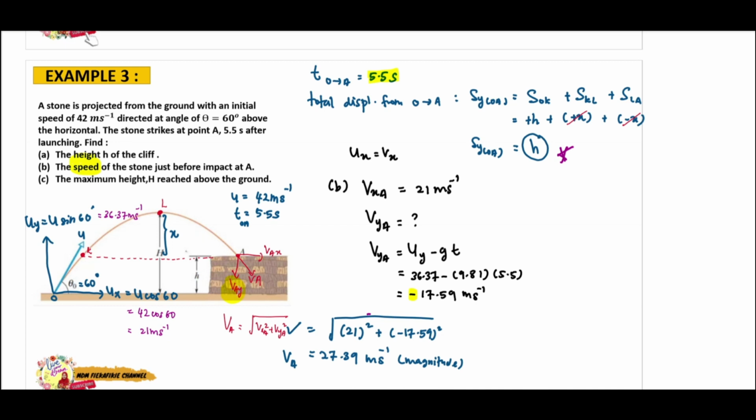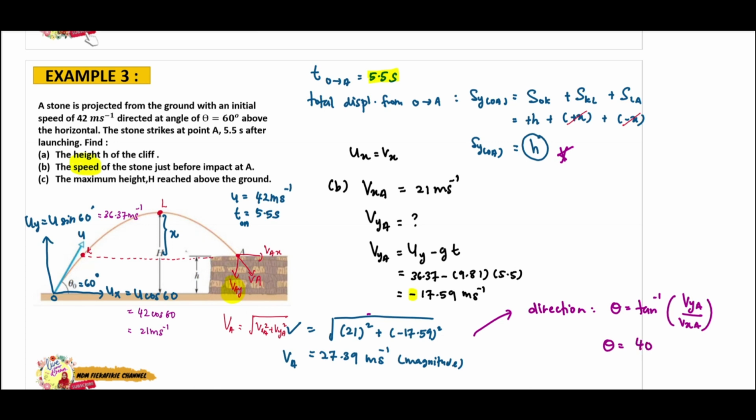Tapi kalau soalan tanya what is the velocity of the stone just before impact at A, velocity. Bila tanya velocity, you need to calculate the direction as well. Okay, so direction theta equal to inverse tangent Vy at point A over Vx at point A. So, you kena kira theta. So, substitute all the values.